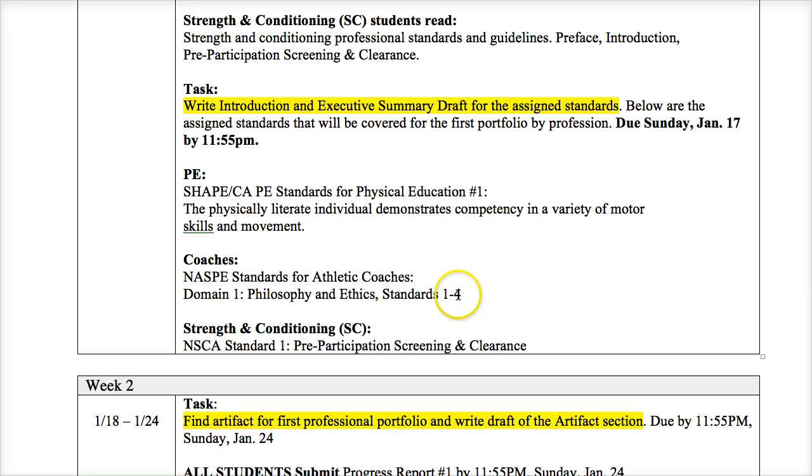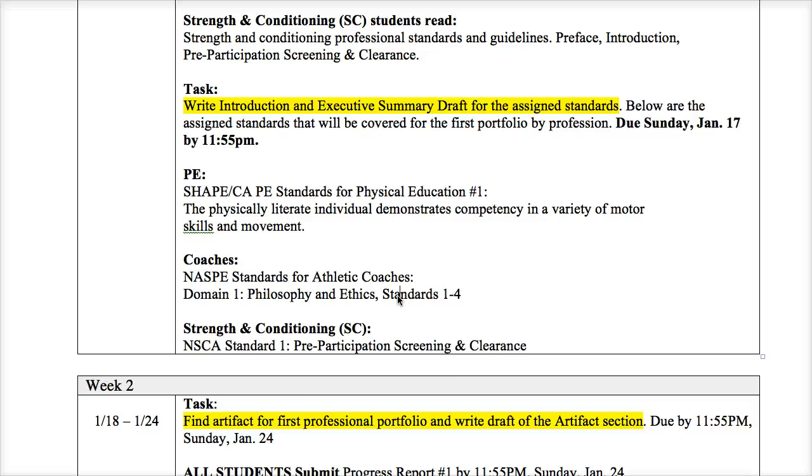I don't want you to explain in detail the standards. I want you to give the reader an overview of what domain 1 in combination with standards 1 through 4 means, so a non-coach can understand what the NASP standards for coaches means.